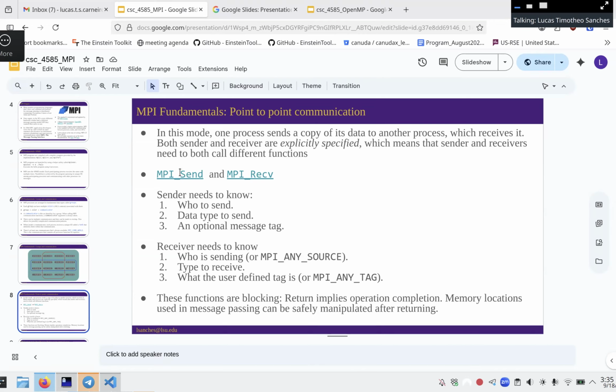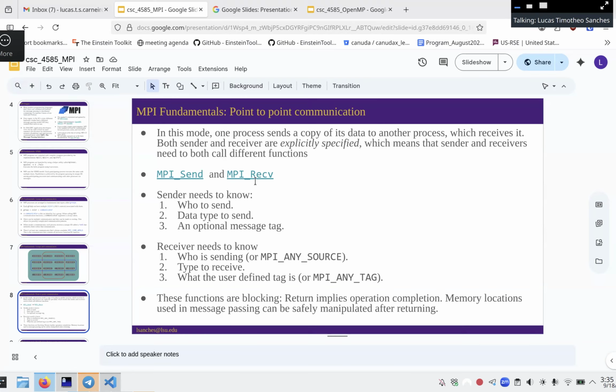When you're doing the send and receive operation, these send and receive memory buffers might be in an indeterminate state. You don't want to mess with them while communication is happening. You don't want to overwrite the send buffer, and at the same time, you want the receive buffer not to be written by someone else. So these blocking calls guarantee that if they return, the communication is over, and the buffers that you're using to send and receive the message are now safe to be reused, read, written. You can do whatever you want.